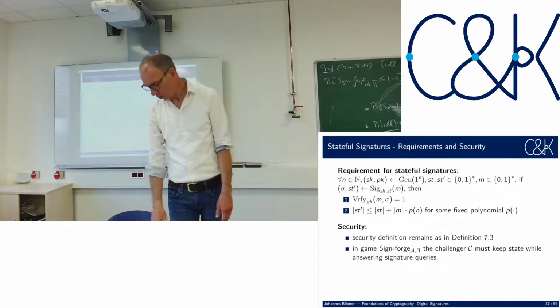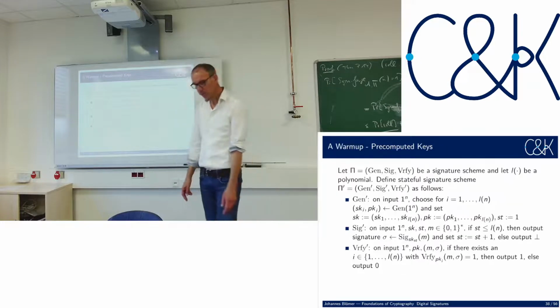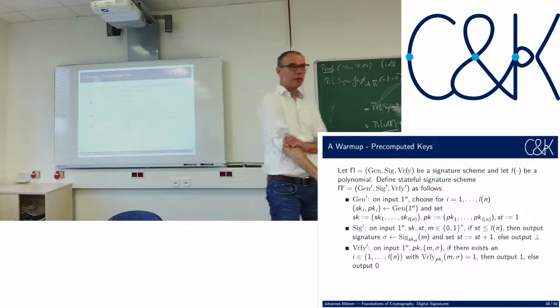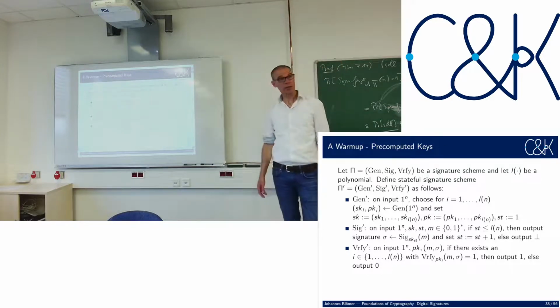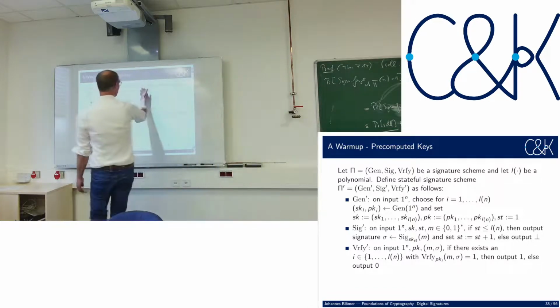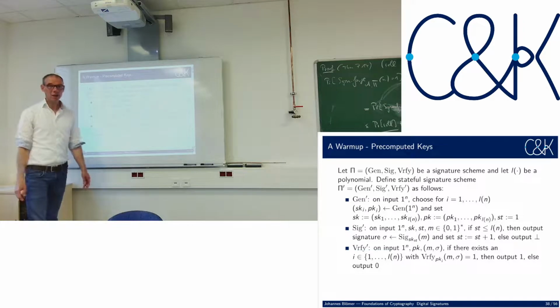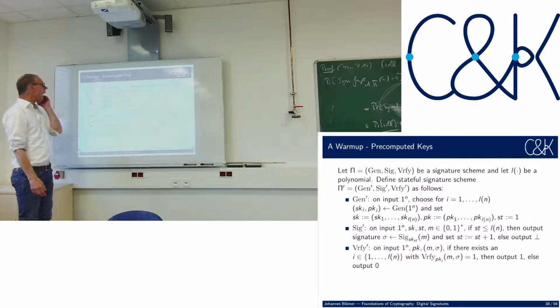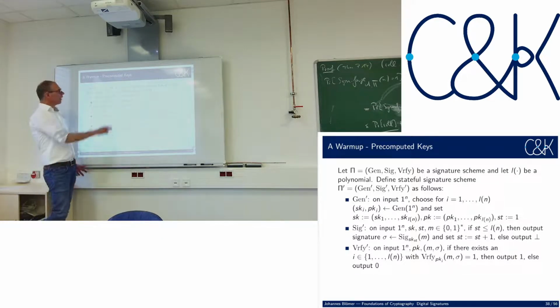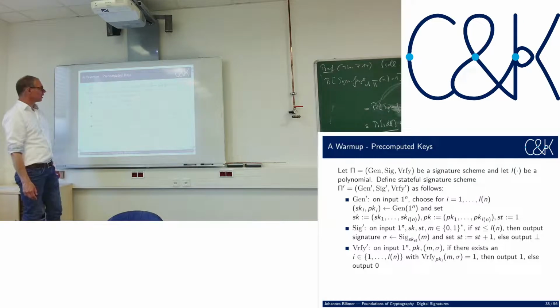Here, maybe I do the warm-up. That's actually easy. Here's an easy way to get a stateful signature scheme, but that's very inefficient. So assume you have a signature scheme already, and let L be a polynomial. And we define the stateful signature as follows.